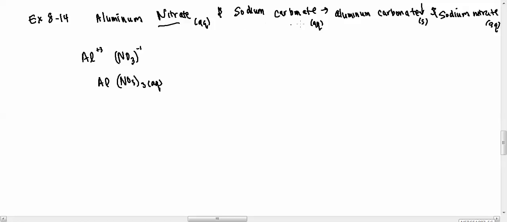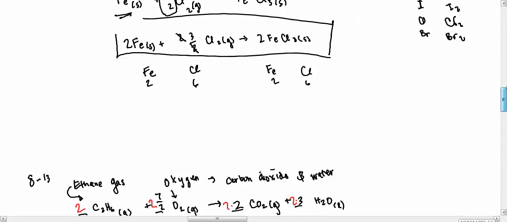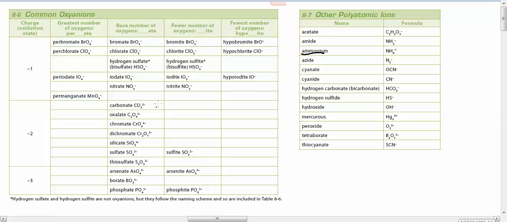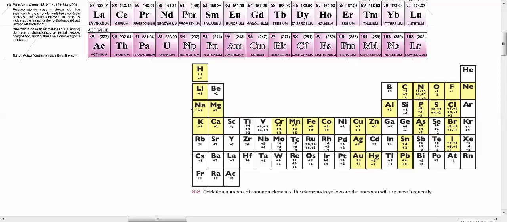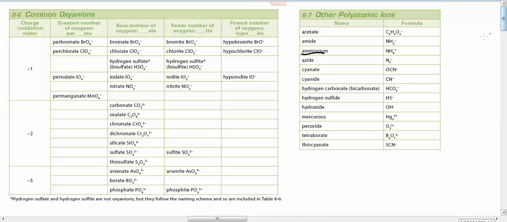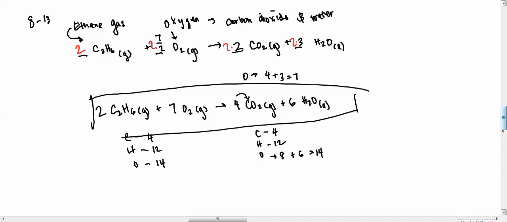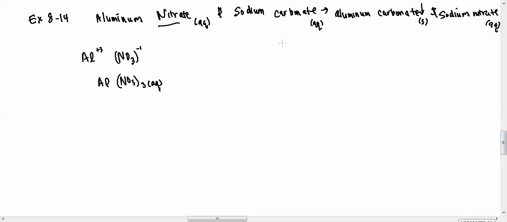Now, let's do the sodium carbonate. Going back up to that chart, carbonate. Oh, there we go, CO3 with a -2 charge. Now the sodium itself has a +1 charge. You can see that right here, +1 charge. So carbonate was CO3 2 negative, and the sodium has a +1.